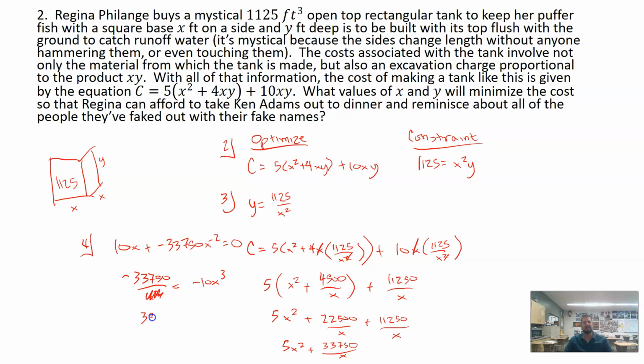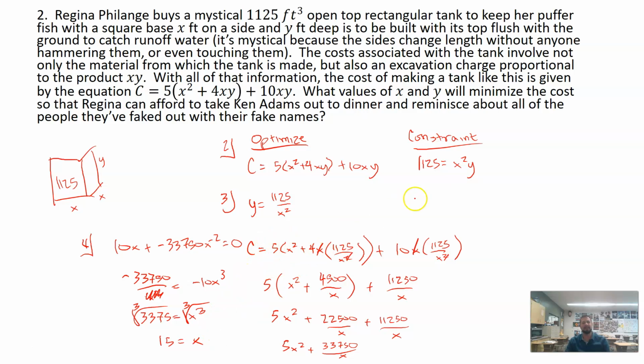Then I divide by negative 10, so I get 3375 is equal to x to the 3rd. And then I take the cube root of both sides to find out what that is going to be. So in this case, the cube root of both sides is equal to 15. So x equals 15.